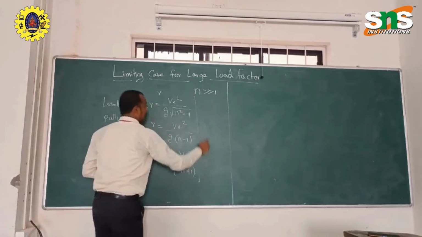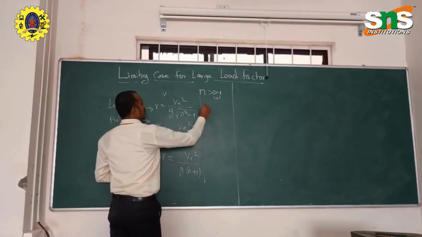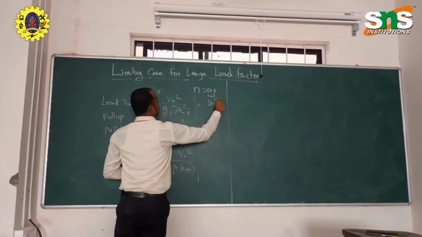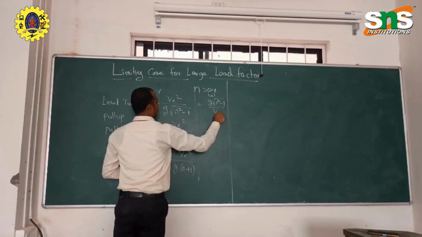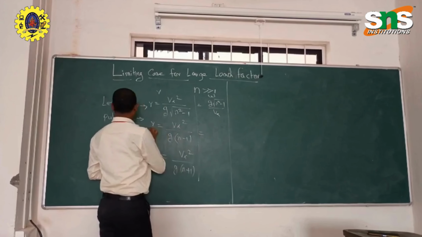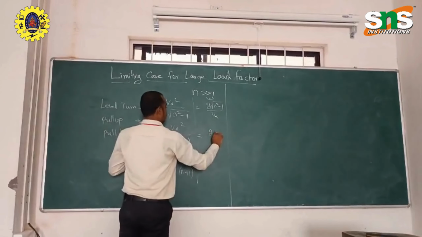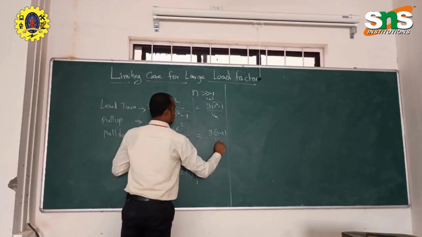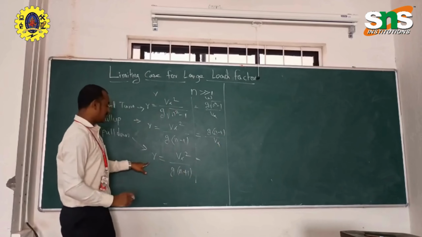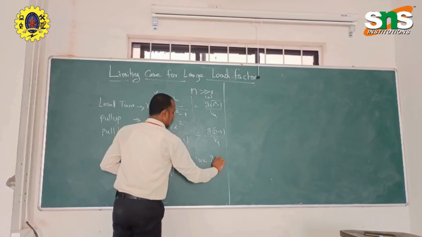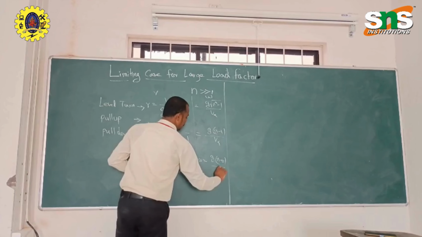Similarly, for turn rate omega, we have got g root of n square minus 1 divided by V infinity. For the pull-up condition, we have got g(n minus 1) divided by V infinity. And for the pull-down condition, we got omega equal to g(n plus 1) by V infinity.